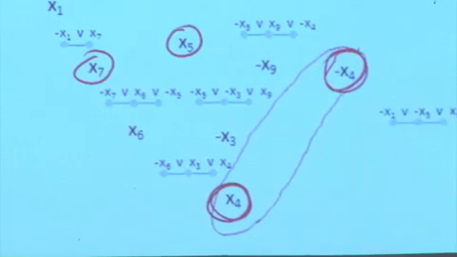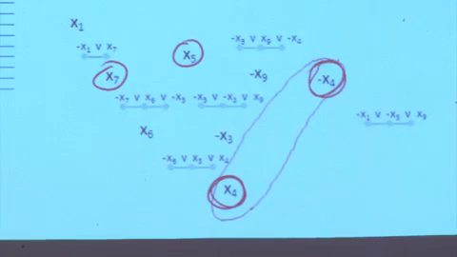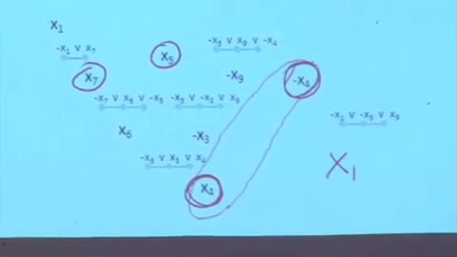And based on the assignments that led to that contradiction, let's come up with a new conflict clause that summarizes that contradiction. So in this case, what would happen is that you have x1 being false, and x5 being false, and x9 being false, right?